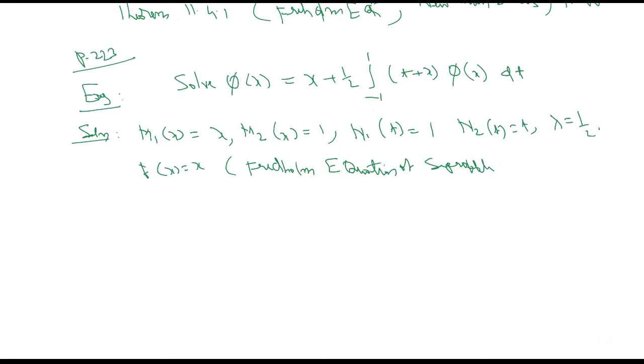Refer to the formula. So what is B1? B1 equals the integration from minus 1 to 1 of N1(x) f of x dx, which equals the integration from minus 1 to 1 of x times x dx, which equals 0.